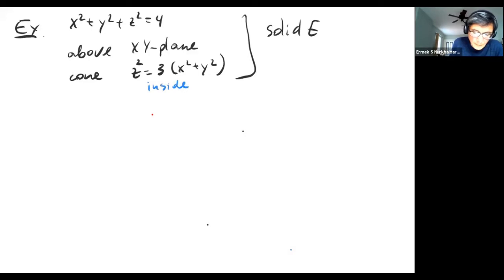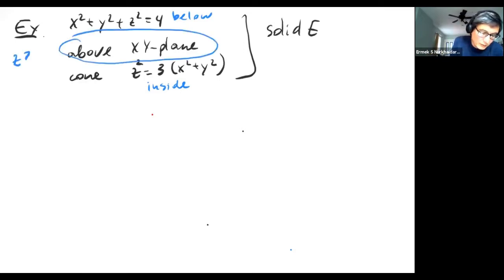So we don't want to consider the part where z is less than 0. So above the xy plane, we have z greater than or equal to 0. We don't want to calculate what is happening when z is negative. Okay, so we want to find the volume.